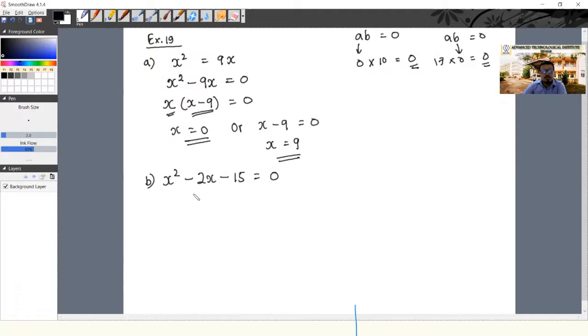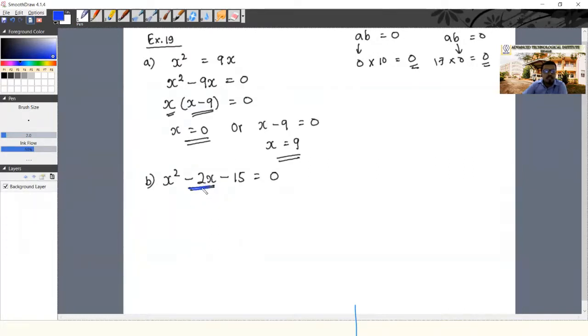Now what can we do? We need to expand our b value. This is the b value, the a, b, and c values. So we need to expand this one, expand our second term, the bx term. How can we expand this?